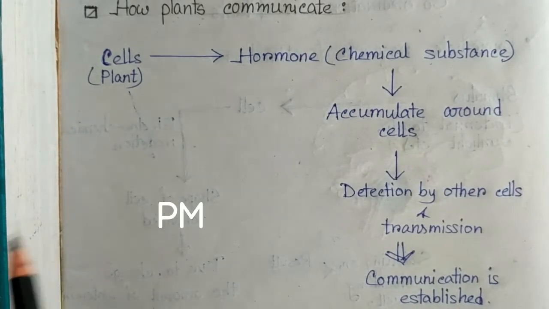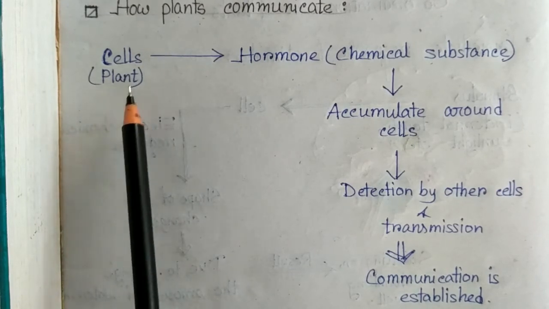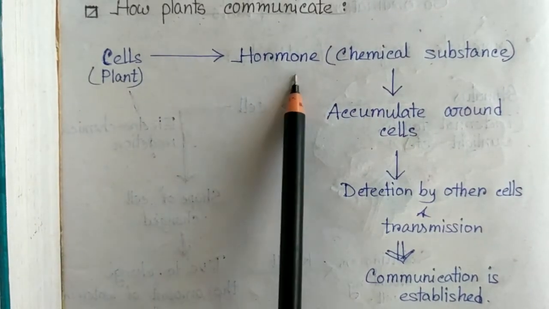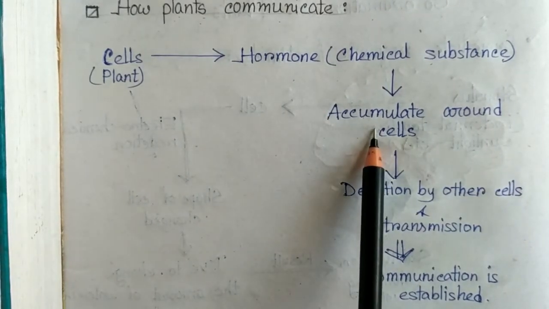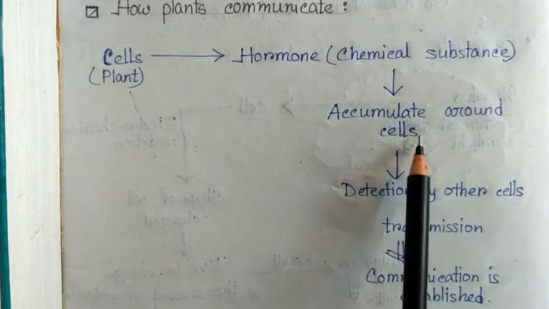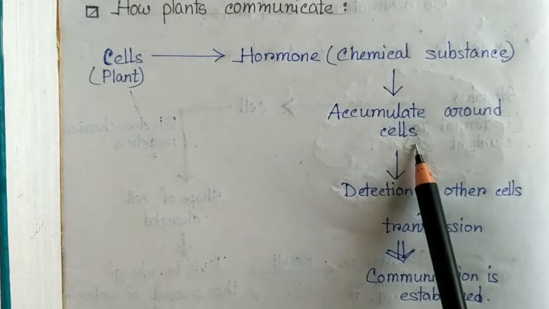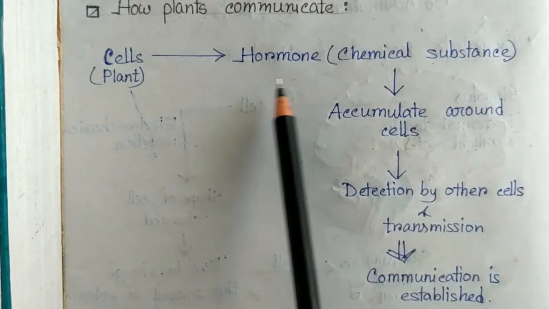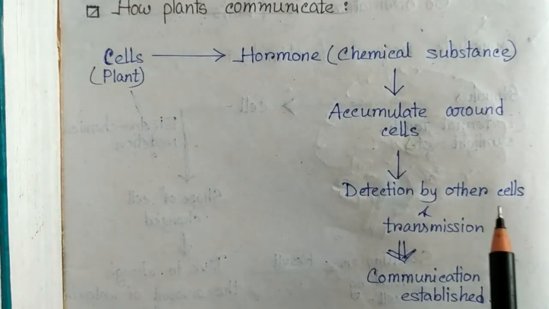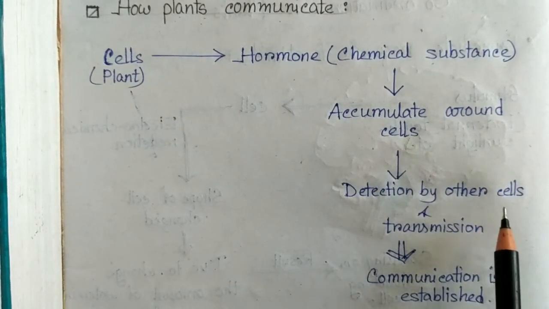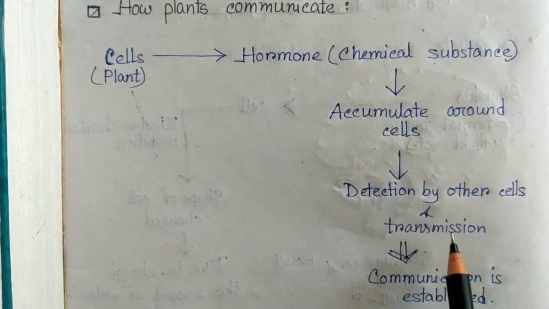So, from the flowchart, the plant cell releases hormones or chemical substances. This hormone accumulates around cells. When it accumulates around cells, other cells detect the hormone or chemical message. When other cells detect the chemical message, they transmit it also.